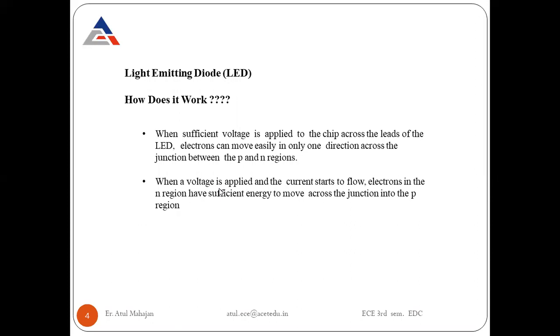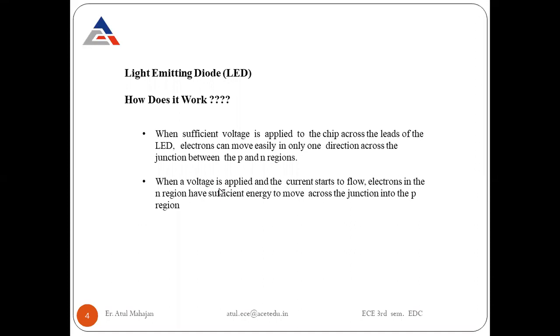The PN junction works in such a way that we apply the amount of voltage required to move the particles from one region to the other. In a PN diode, we have an N region and a P region.